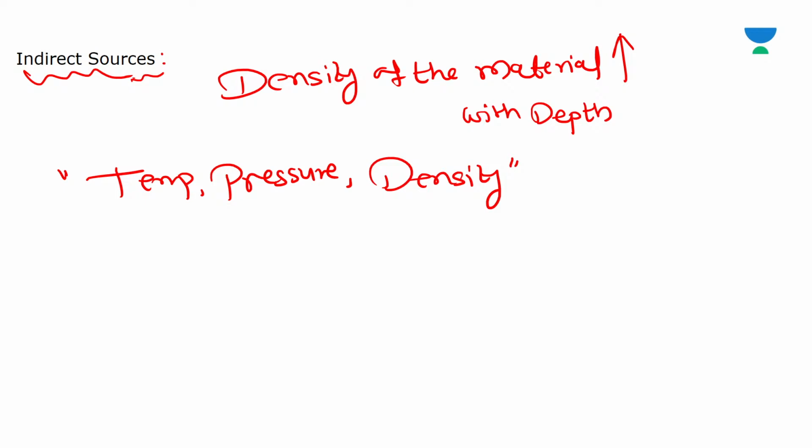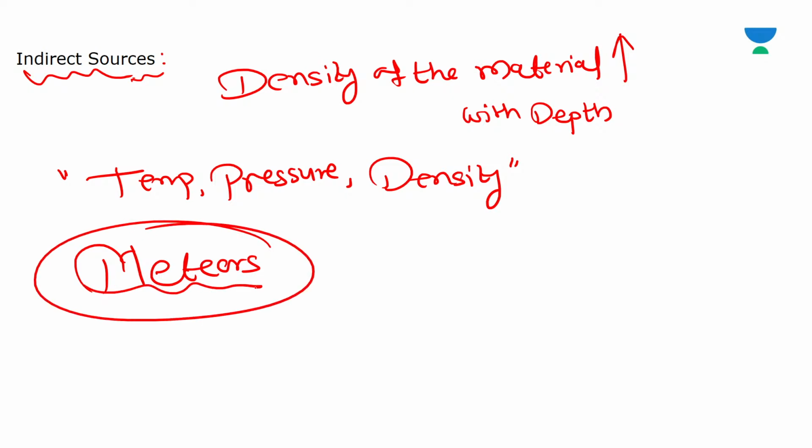So friends, another source of information are the meteors that at times reach the earth. However, it may be noted that the material that becomes available for analysis from meteors is not from the interior of the earth.